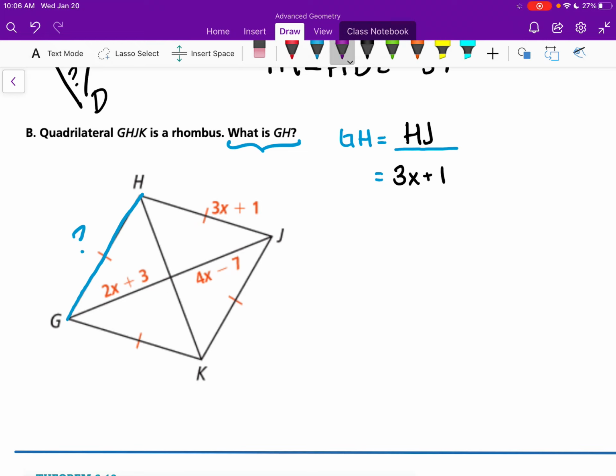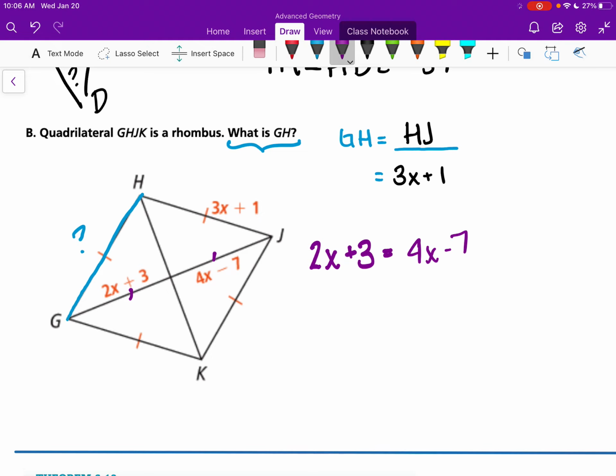We do not know what x is, so we can't do much with that right now, but we do know that these perpendicular bisectors are split evenly. One side is 2x plus 3, the other side is 4x minus 7, and those two must be congruent. So we can say 2x plus 3 equals 4x minus 7.